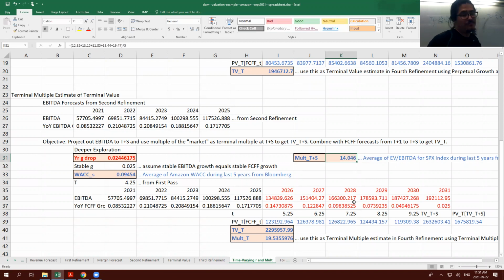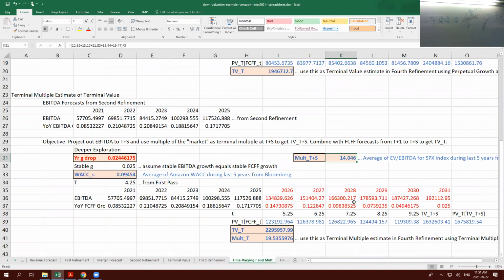Why 5 years? Okay. Just to be consistent with my prior valuation, because in my terminal value approach, I still need to have that middle discount rate. So I use the same middle discount rate that I used in my other valuation, the 9.4 or something %. And so I do that, I get a terminal value of this and a terminal multiple of 19.5.